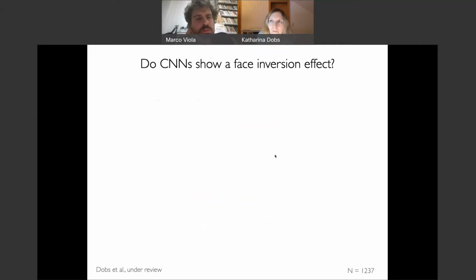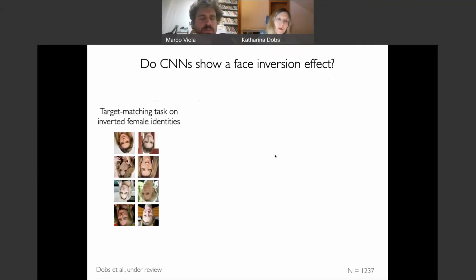Okay, but now let's get a bit more qualitative and look at those classic effects that we've known about for a long time. We wanted to know, okay, do CNNs show a face inversion effect? And if yes, based on what type of experience? So we asked subjects to perform a target matching task on the same stimuli, but now the inverted female identities.